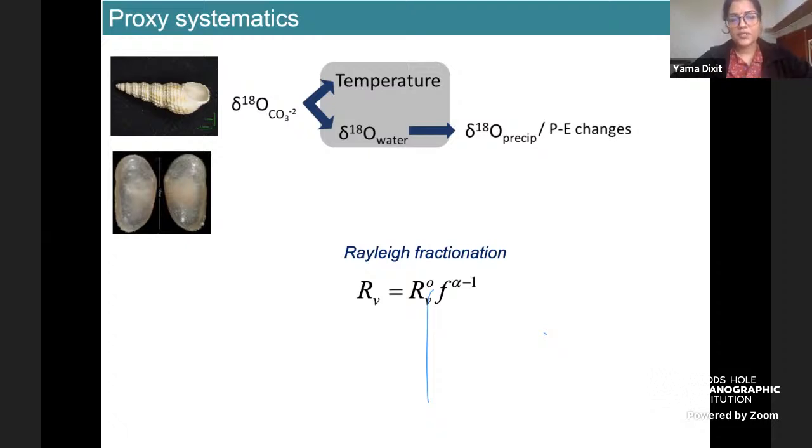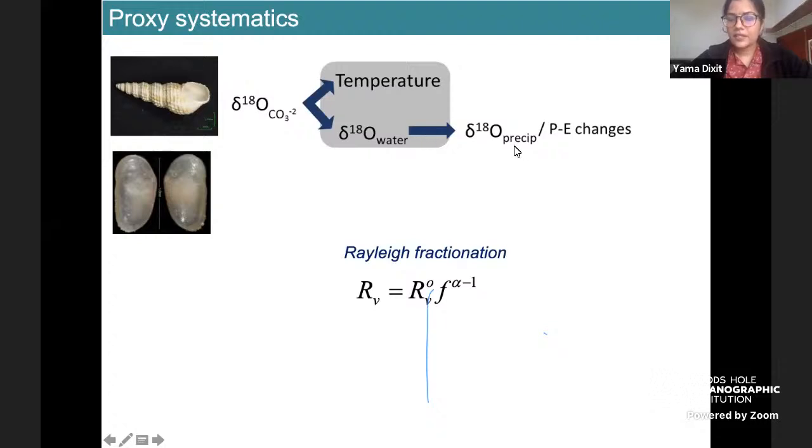Now, the oxygen isotopic composition of these carbonates would reflect the temperature and the waters that they were living in, so the lake water isotopes. Since we are talking about the Holocene, the temperature changes in the Holocene haven't been too large to be documented in the scale of oxygen isotope that I work on, so we would mainly attribute the changes in carbonate oxygen isotope to the oxygen isotope of water.